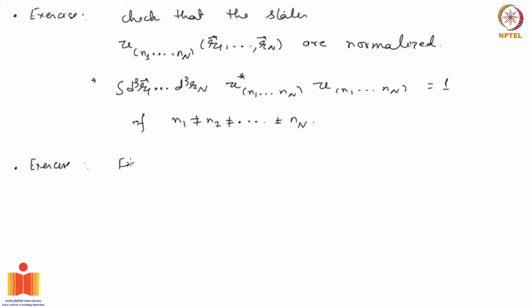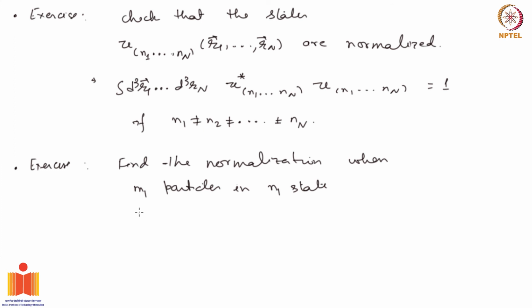Find the normalization when, if you have m1 particles in, sorry, not n1, so the first excited state, right?